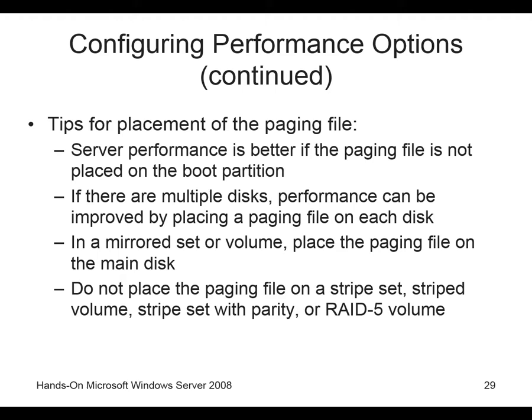So I recommend creating a page file partition, like 2 or 3 gig, and just say, okay, here's where you're going to go. You can put page files on each disk if you want. You just want to keep them separate. And don't place it on a RAID, especially a stripe set, because it just screws everything up.